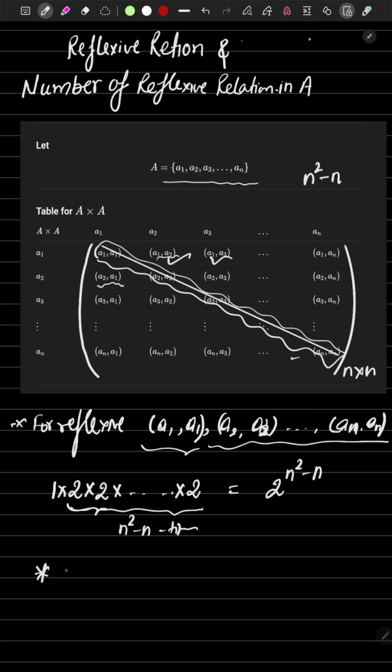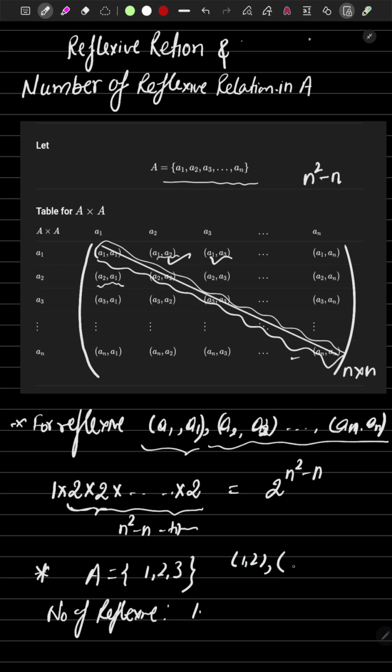Again, let's say A equals {1, 2, 3}. Then for the number of reflexive relations, think of it like this: (1, 1), (2, 2), (3, 3) need to be there, so there is one way for them. After that, either (1, 2) will be there or not, either (2, 1), (1, 3) will be there or not, and (2, 3) will be there or not, and any others remaining, (3, 2) will be there or not, (3, 1) will be there or not.